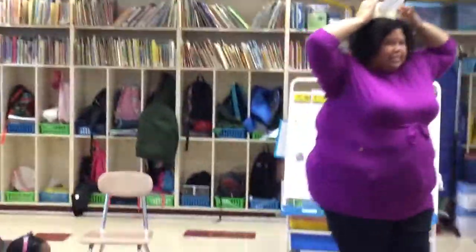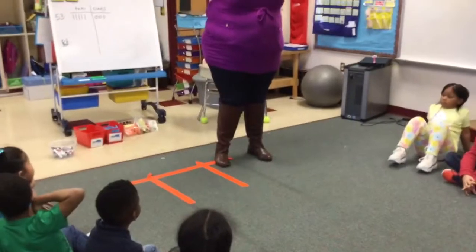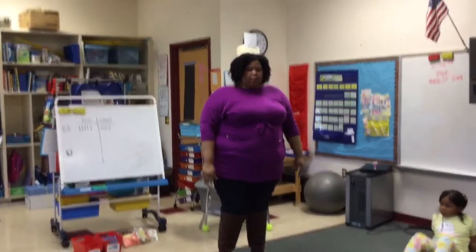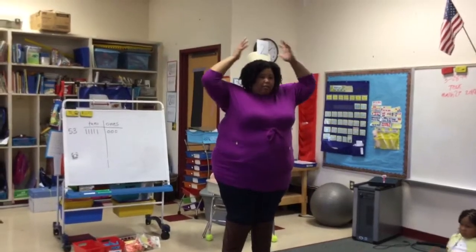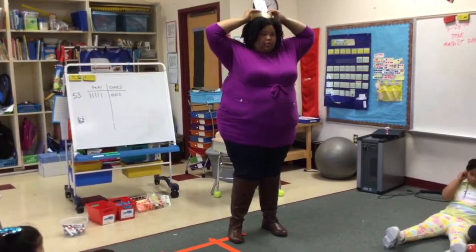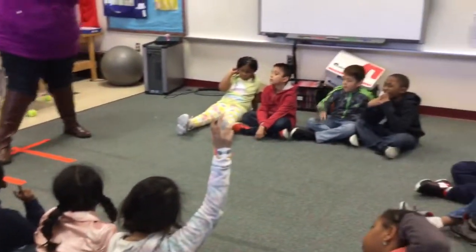So what place is Miss Hurd in? Look where I'm at on my little chart on the floor. I'm in the ones place. So if I have 2 in the ones place, how much am I worth? 2. I'm worth myself, which is 2. Can you hold up 2?